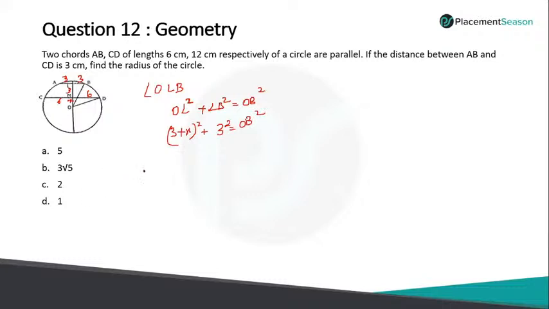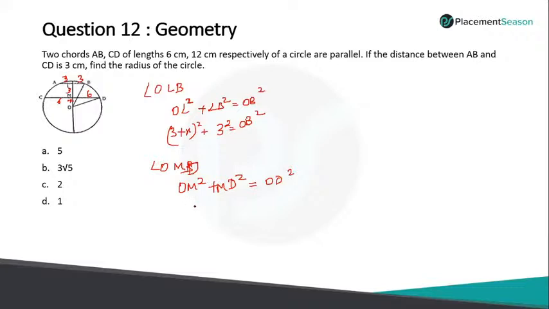The same way, if I take angle OMD, sorry, it should be D, OMD. What is OM? It should be OM square plus MD square is equal to OD square.